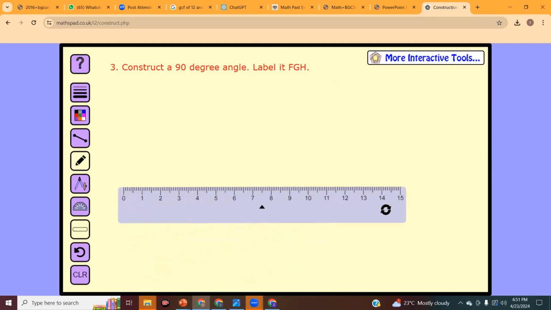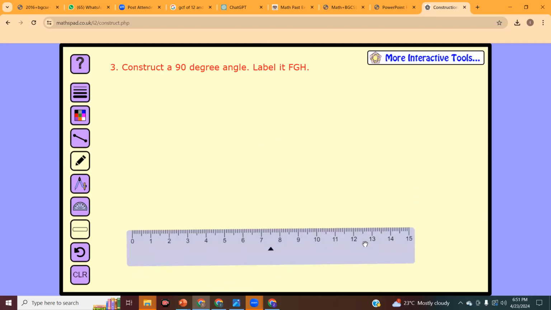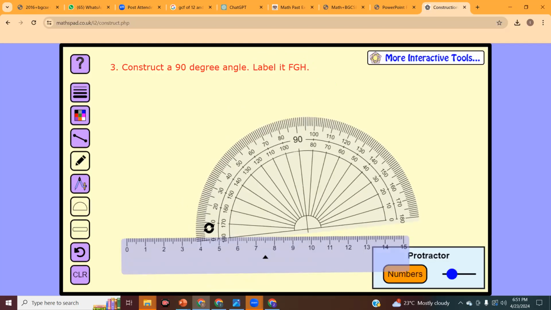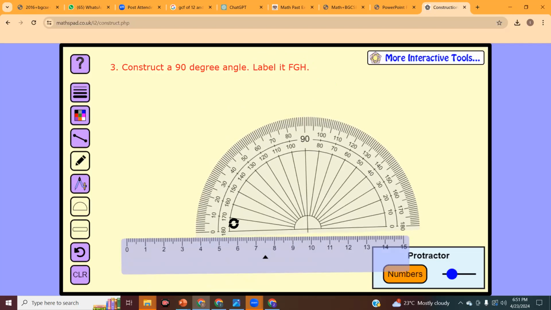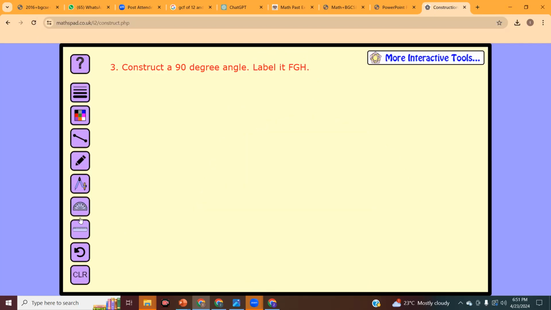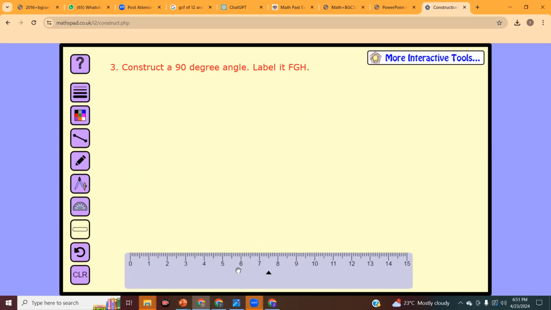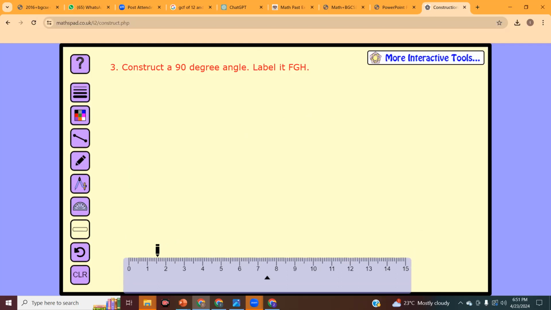So we're going to go ahead and draw, and this is where we have to be very careful. Make sure everything is straight because these angles are so sensitive. Let me restart this. I need a fresh one. I'm going to start low because I don't know how much space I'll need.